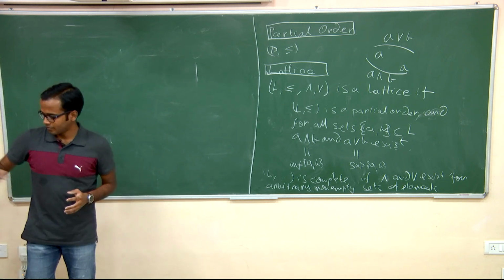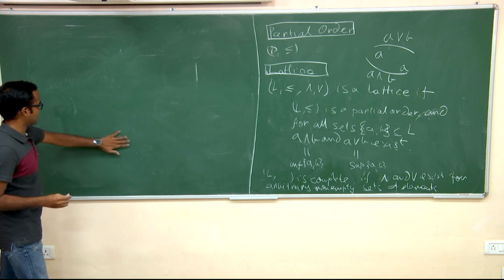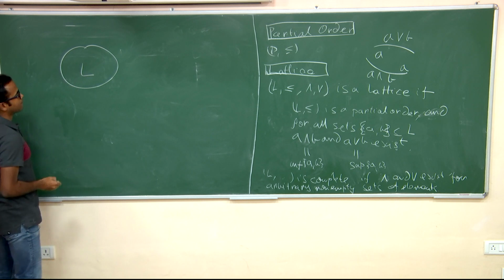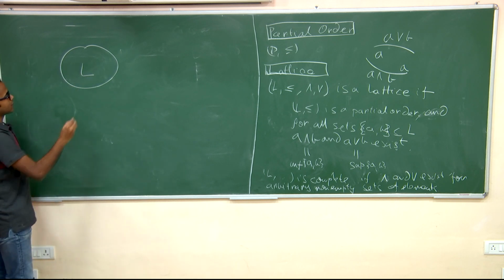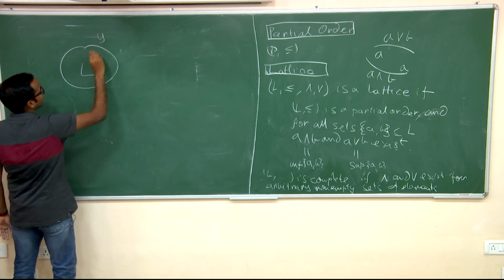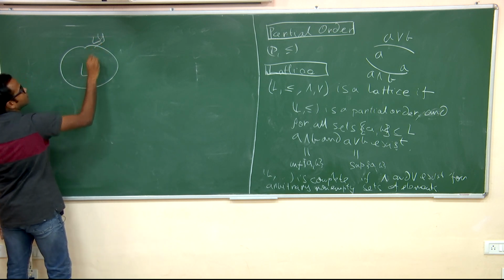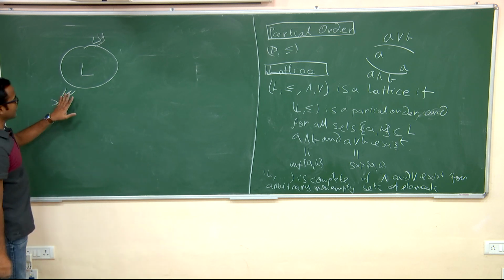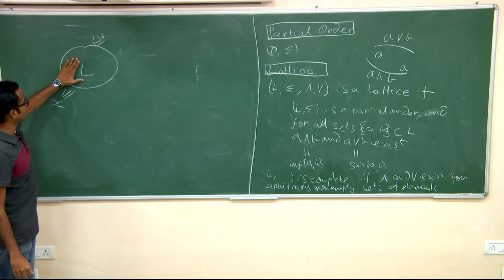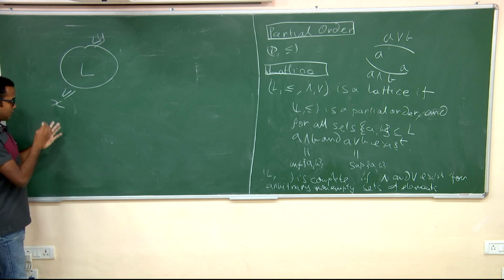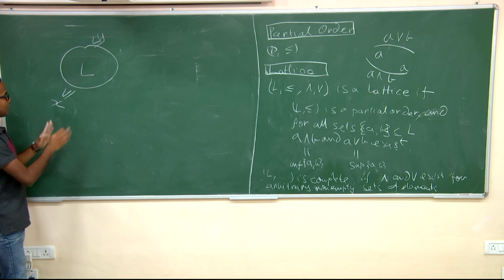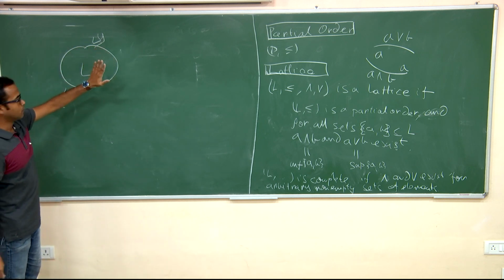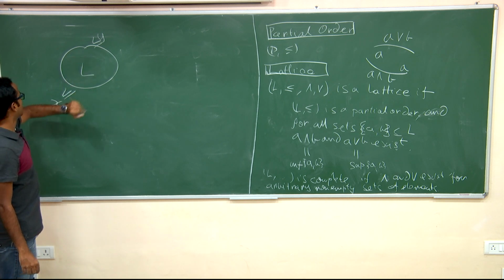Now we'll look at something called the top and the bottom element of a lattice. This is a lattice. It might be the case that there is an element y which is greater than or equal to every element in L, and there is an element x which is less than or equal to every element in L. So basically x is a lower bound for L and y is an upper bound.